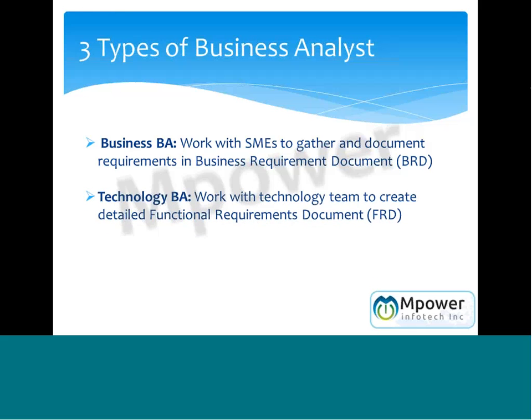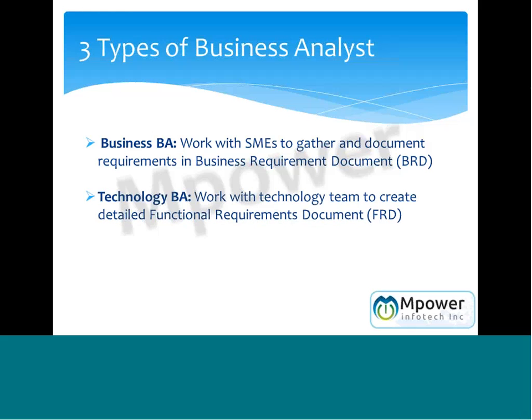Number 2, technology BA. Now, don't get confused. Technology BA doesn't mean that you are a programmer. Technology BA means that you will be working with the technology team, but the business requirements which were written by the business BA, you will be responsible for documenting them in more detail.